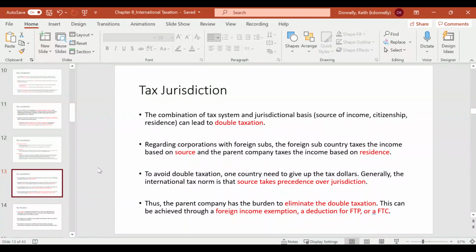England taxes it based on source. This income was made in England. As a general rule, source is going to trump residence. Accordingly, the U.S., which has residence as its basis, has the burden to eliminate the double taxation. A few ways we can do this: we can have a foreign income exemption, a deduction for foreign taxes paid, or a foreign tax credit.